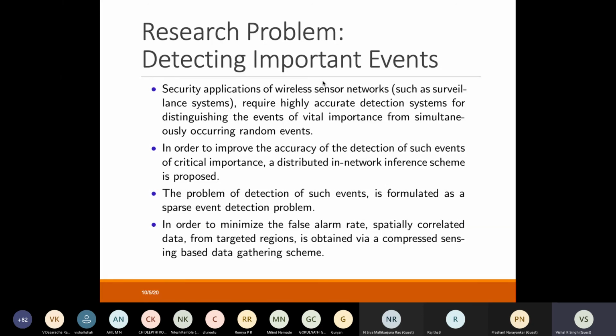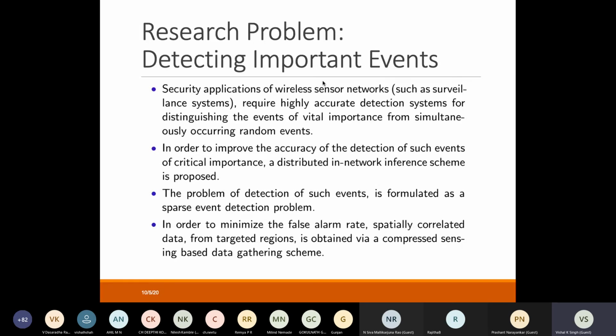I'm not saying that 5 minutes is the ideal scenario, but just for the sake of understanding this concept. Let us say a fire has started and a surveillance system is placed there. The sensors placed in the proximity of that event will start reporting it. These sensors will report the event, but what is the minimum duration for which this event will continue? This is what the persistence period is.